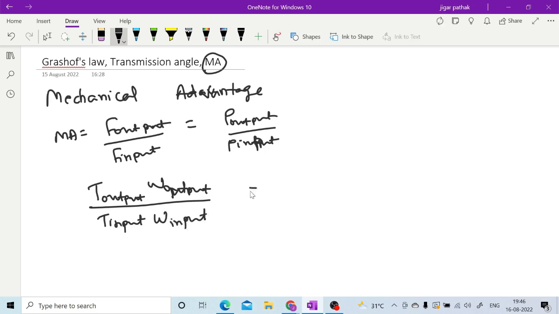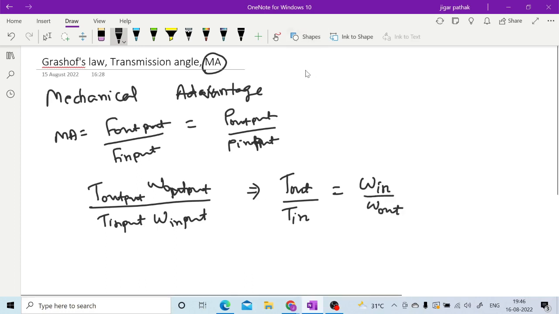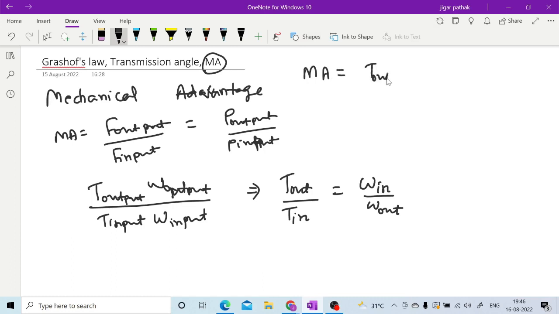Basically you can write that T output upon T input is also the mechanical advantage, which can be calculated from omega input upon omega output. So your mechanical advantage can be written as T out upon T in is equal to omega in upon omega out.